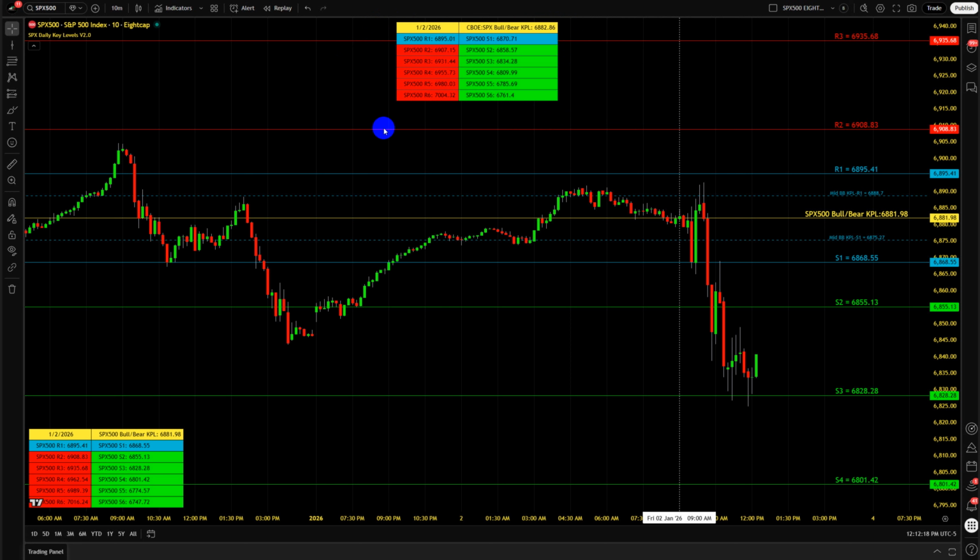You will see two different tables on your chart. One will be for the SPX 500, and the levels you see here are for the SPX 500 8 cap CFD on Forex. And this second table here is the CBOE SPX daily key levels for today's session.